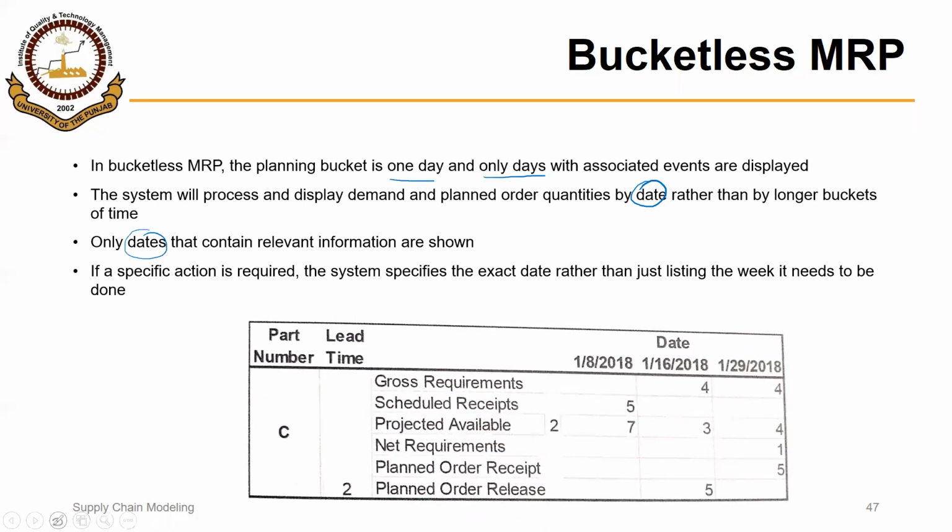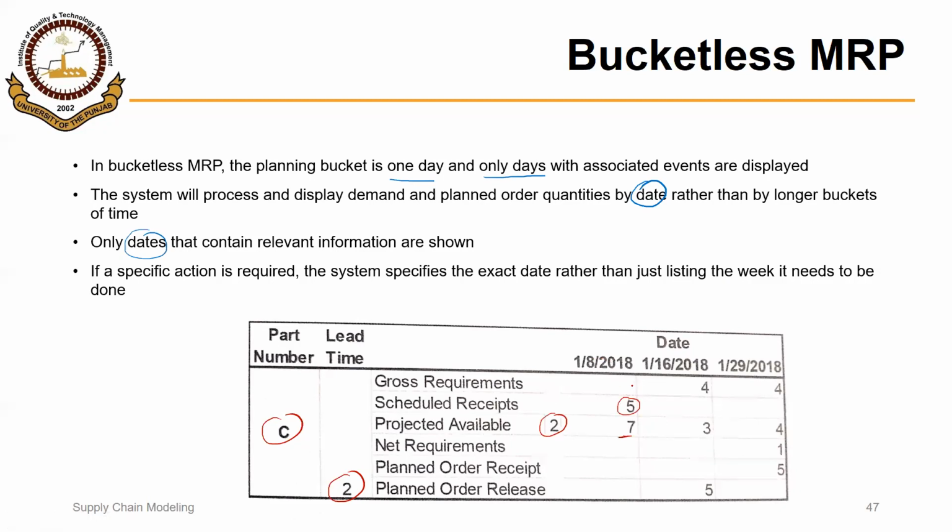Here is just a portion of a bucketless MRP matrix. We are planning for a part C, and its lead time is 2 weeks. We could show week 1, week 2, week 3, and so on as well, but we are not doing that. We are mentioning the dates, as you can see. We have an inventory of 2 items available and scheduled receipts of 5, so we have an inventory of 7 on 8th of January 2018.